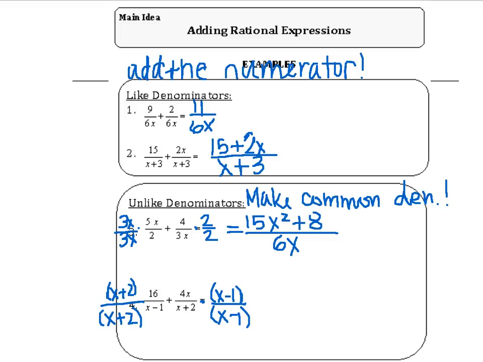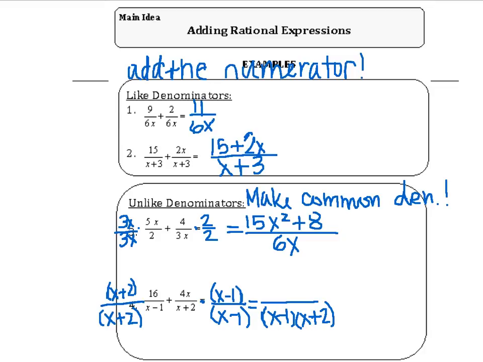So on the top, let's do our simplifying here, do a little distributing. And actually, I'm just going to rewrite this once before I do my simplifying. So I've got x minus 1 times x plus 2, and that's the same on both bottoms, so it's now my common denominator.